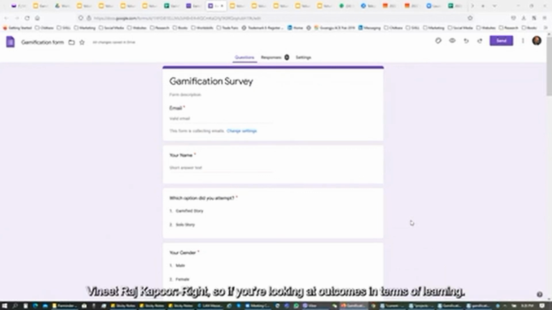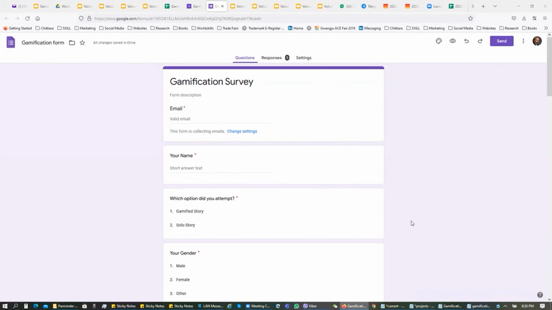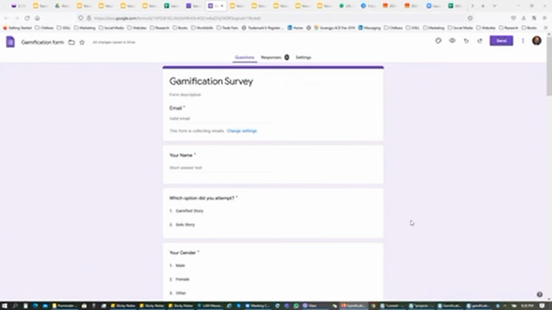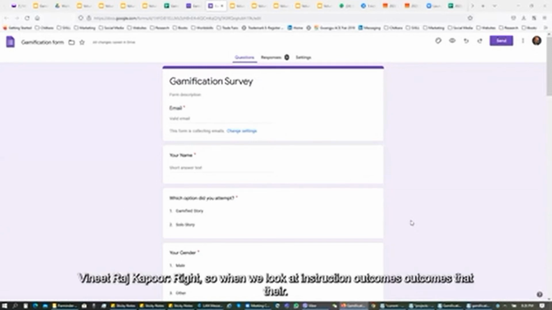If you're looking at outcomes in terms of learning, you would have seen that A, B, C, D, E have gone through 5 different stories, 5 different settings, 5 different characters. So when we look at instructional outcomes, the outcome is that their breadth of knowledge is now much more than the people who choose to go solo.